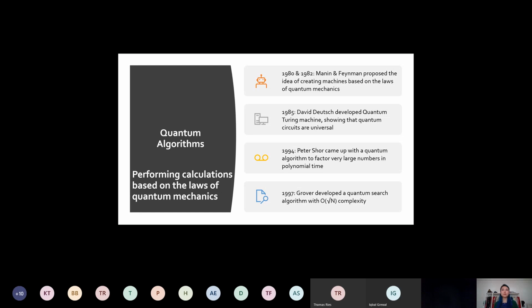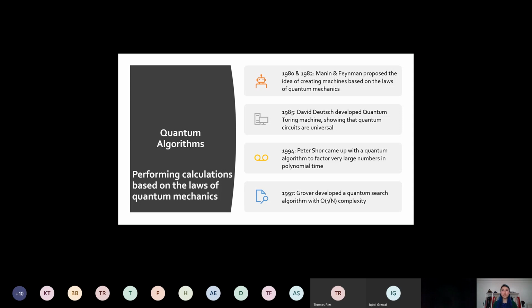Quantum computing has only had a couple of decades of development, and it has developed really fast. When it was first proposed in the 80s, there were some developments proving that we could develop a quantum Turing machine and have universal quantum circuits.